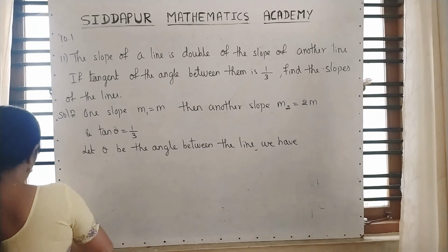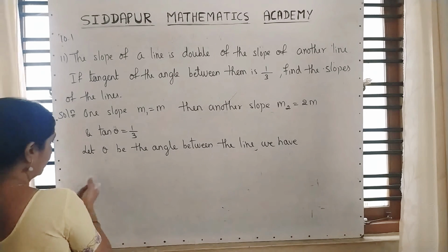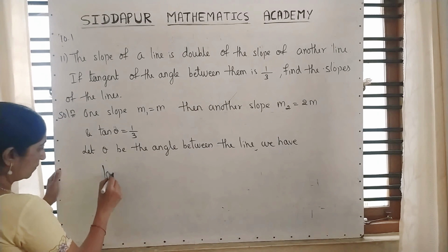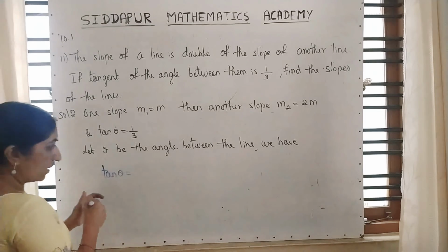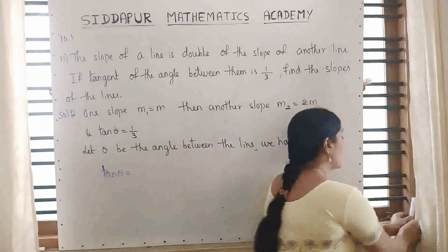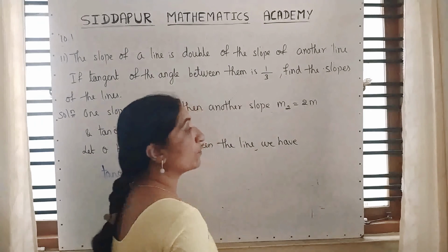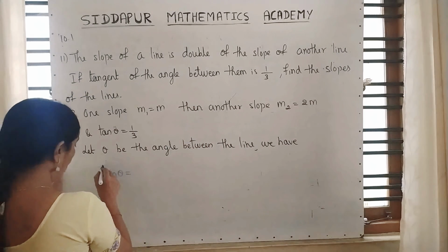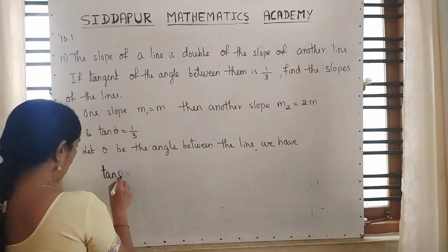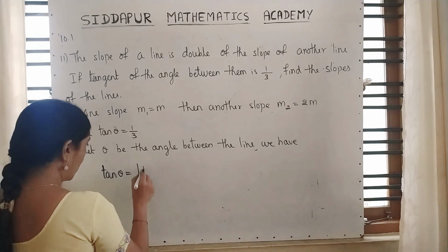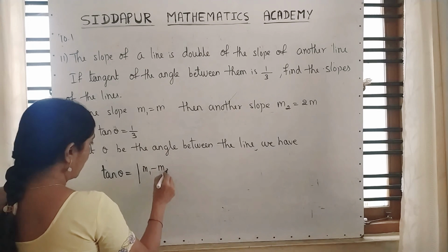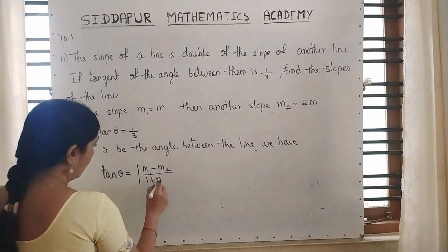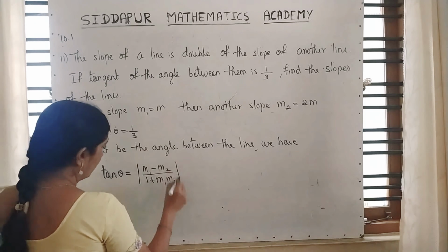Tan theta is equal to, and remember students, if you use m1 minus m2 or m2 minus m1, they are correct. Don't worry about that. Tan theta is equal to modulus of (m1 minus m2) upon (1 plus m1 into m2).